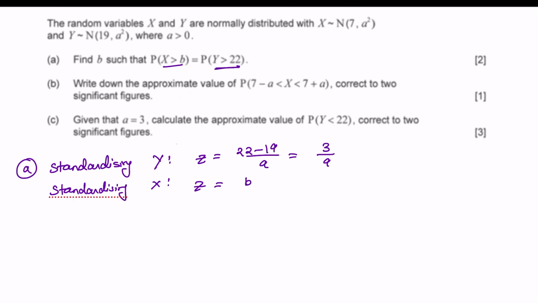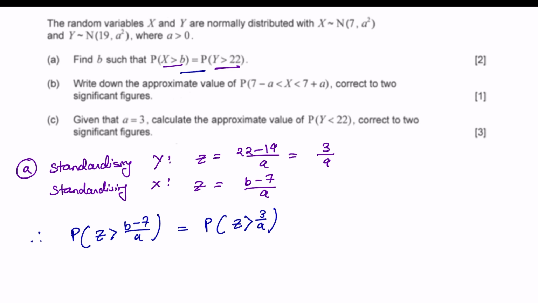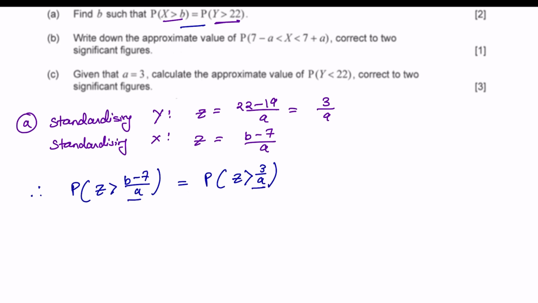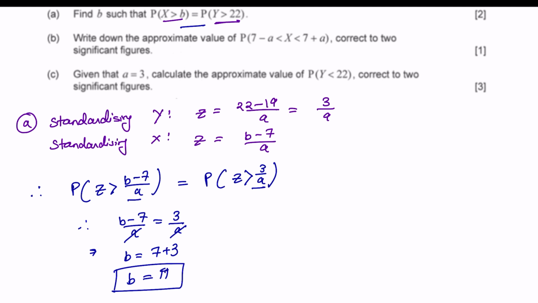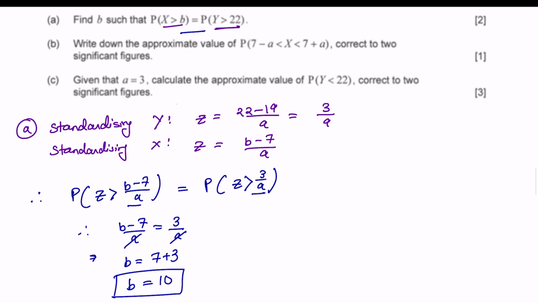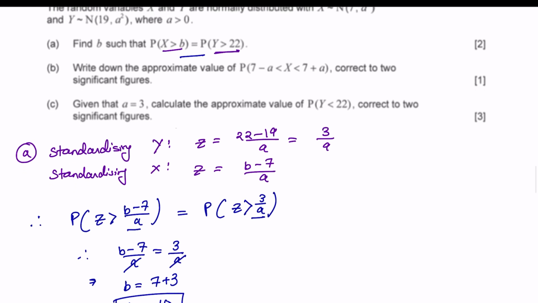So (b minus 7) by a would be the z value of X. Now, I can write this equation as P(Z greater than (b minus 7) by a) equals P(Z greater than 3 by a). Now, as everything is equal, I can directly equate these two parts. (b minus 7) by a equals 3 over a. The a in the denominator gets cancelled out, so b becomes 7 plus 3. So b is 11. Oh, sorry, 7 plus 3 is 10. So for part A, the answer is 10.